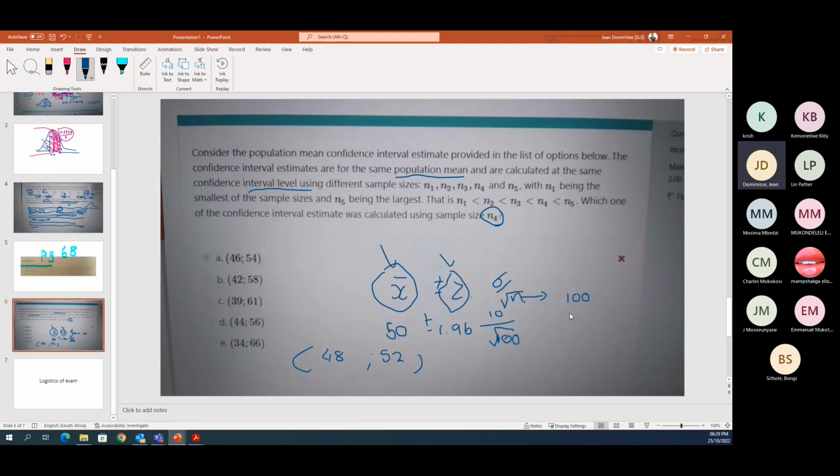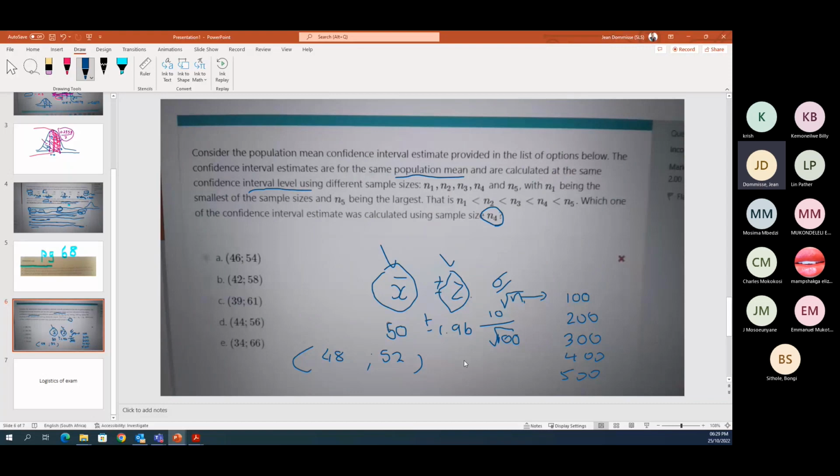So let's say N2 is 200, N3 is 300, N4 is 400, N5 is 500. Let's just see what the impact is when we take N5. So 10 divided by the square root of 500, times 1.96.